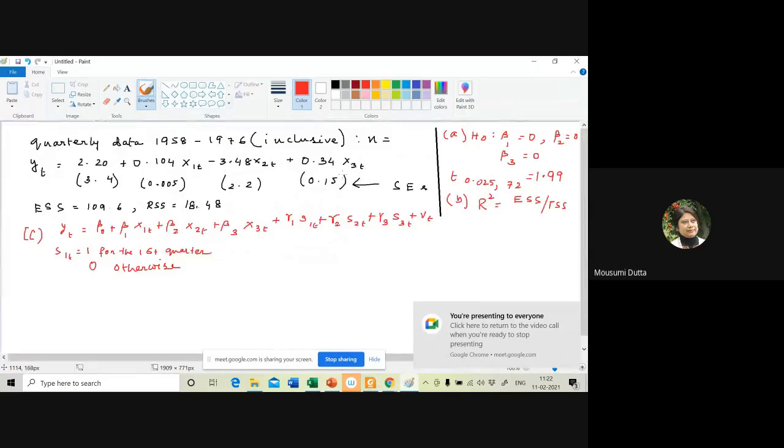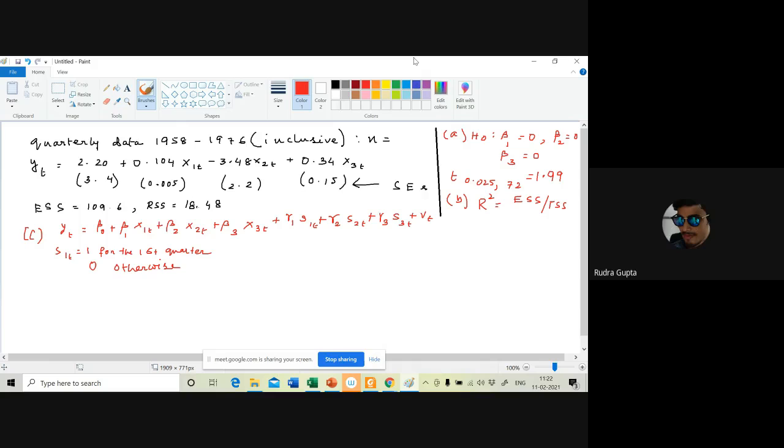So tell me what will be the value of n then? We have quarterly data 1958 to 1976 inclusive. So anyone? How many observations in that case we have? 19. 19 into 4, isn't it?